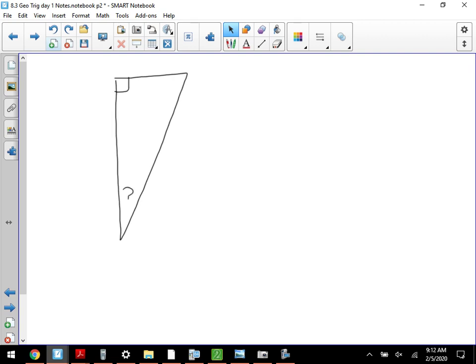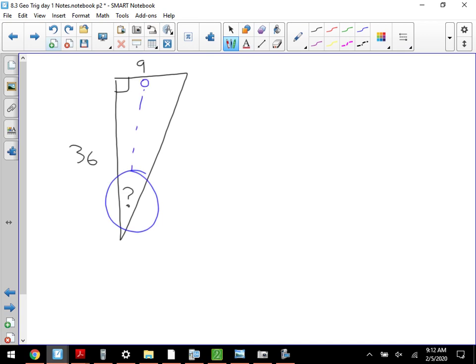The question mark is here, so that's our theta. So we would go through the process just like we have been. We always start: circle, label, hypotenuse, adjacent. What trig function is opposite over adjacent? Tangent. So you have to use tangent.